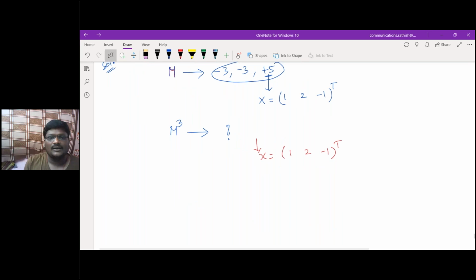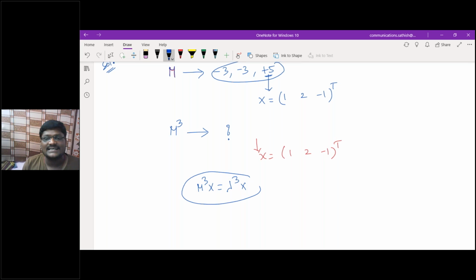Keep in mind that M power 3 x is equivalent to lambda power 3 into x. The eigenvalues change, but the vector doesn't change. Got my point?